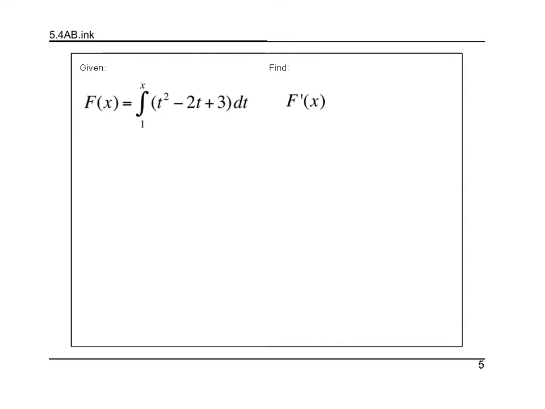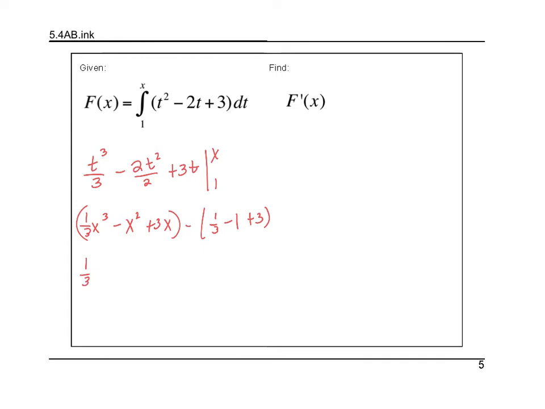So if I anti-derive first, I would have t cubed over 3 minus 2t squared over 2 plus 3t from 1 to x. Then I would have 1/3 x cubed minus x squared plus 3x, minus 1/3 minus 1 plus 3.